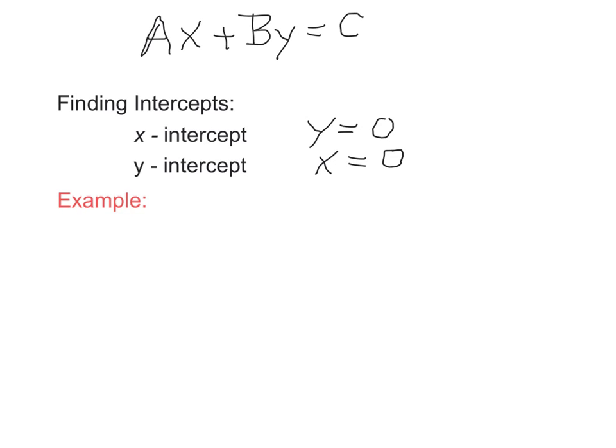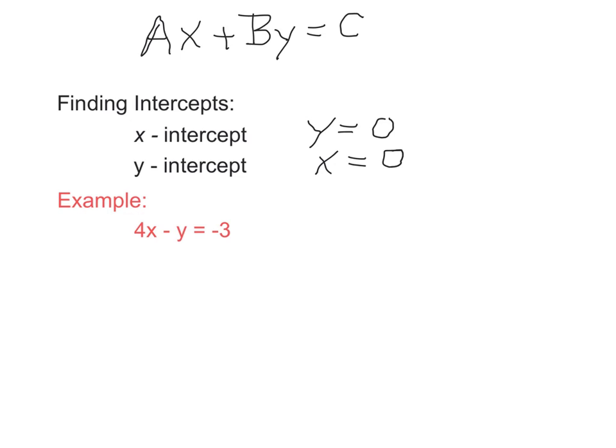So now let's look at an example. Let's assume we have the equation 4x minus y equals -3, and I'm trying to find the x and y intercepts for this equation. Once I find the x and y intercepts, it's a pretty trivial case to graph this equation since we know it's a line, and all we have to do is connect the two points that we come up with.